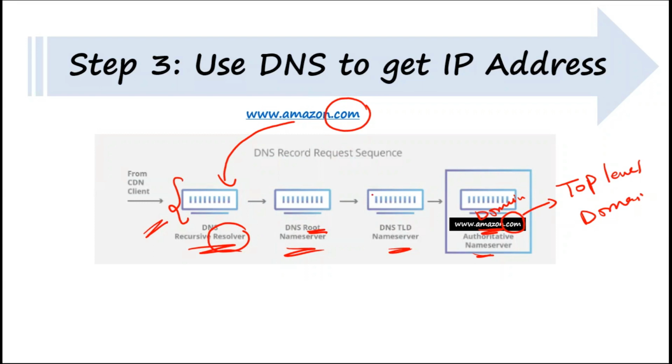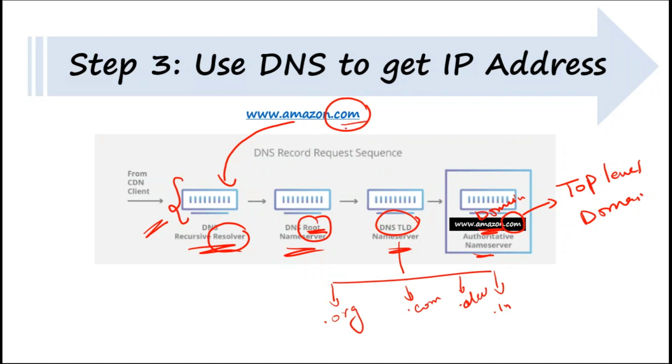According to the top level domain, it would go to the specific top level domain. So here, it could be multiple servers inside, like .org servers, .com servers, .in servers, .dev servers, so many more. So the root server will check the top level domain and go to the right top level domain server.